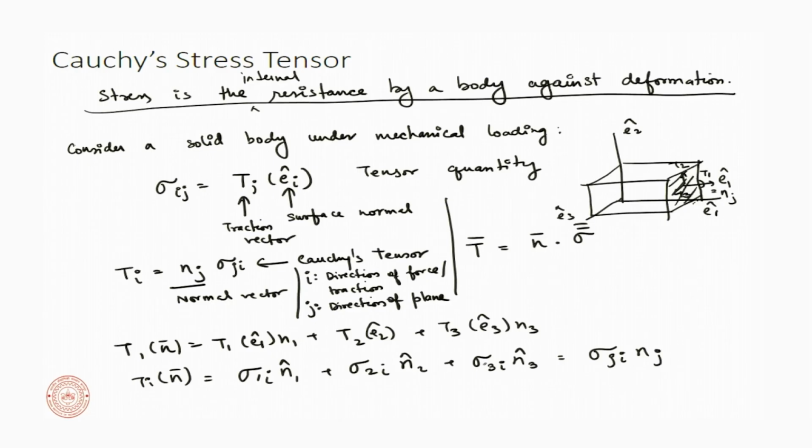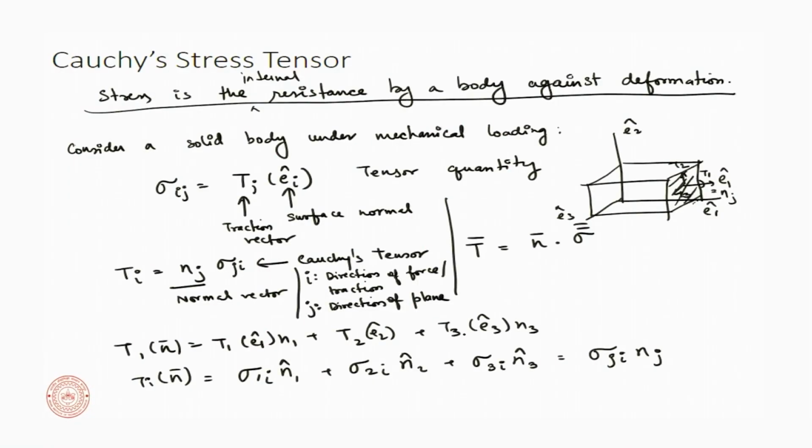So 1, 2, 3 are the directions of the plane or the normal component. So any normal component, when you resolve along all the 3 directions, will be along all of those 3 directions, and T1, T2, T3 in this case will be the equivalent projections of the vector on those planes, right. So that is how it is written.